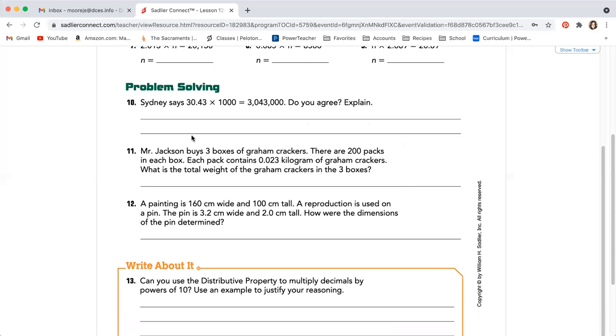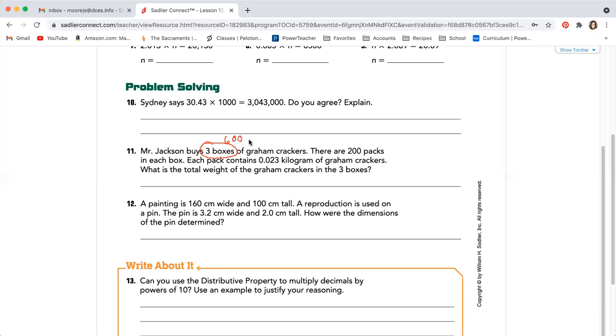So if there's 3 boxes and there's 200 packs in each. 600. 600, yeah, 600. So there's 600 packs inside of those 3 boxes.